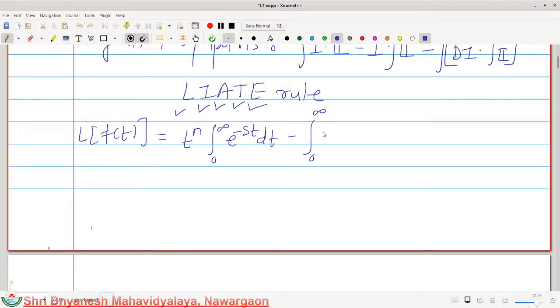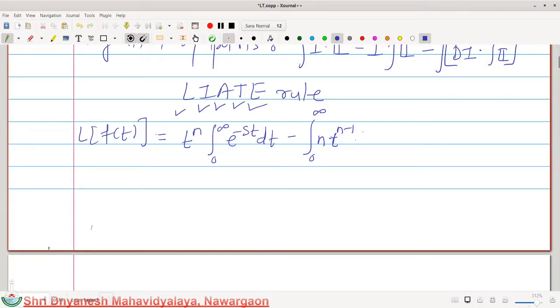First function is t to the power n, and derivative of t to the power n is n into t to the power n minus 1 into integration of second function. What will be the integration of e to the power minus st?